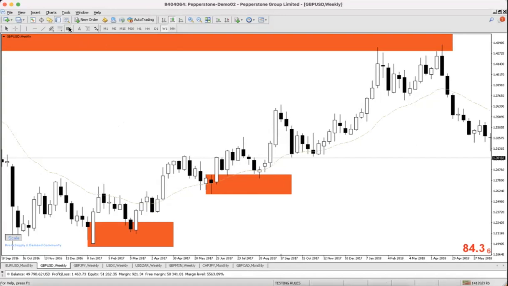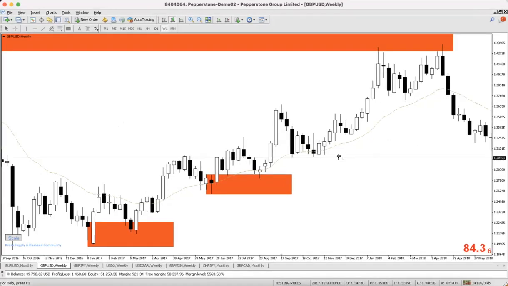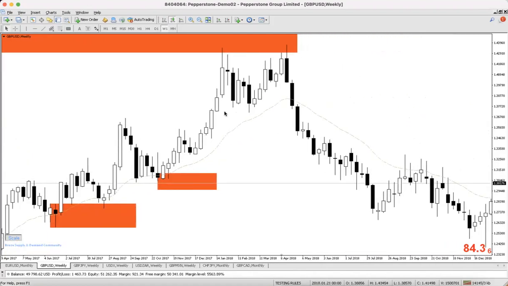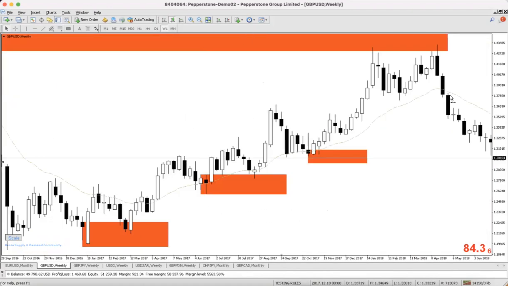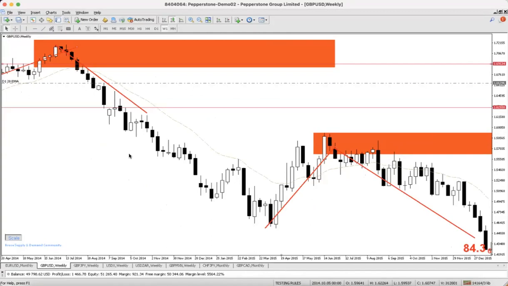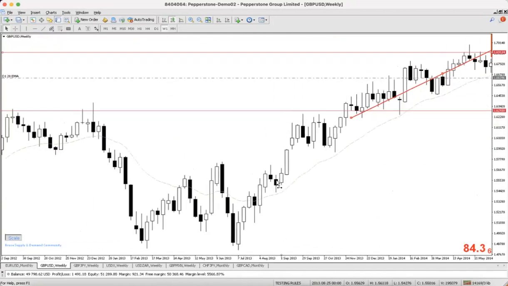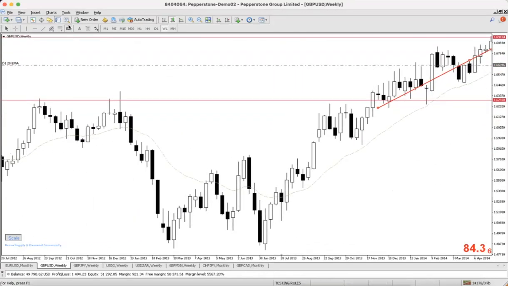Another V here. You draw a zone. Let me check if we have any more. That's one here. Another one here, one V. There's a big V here.